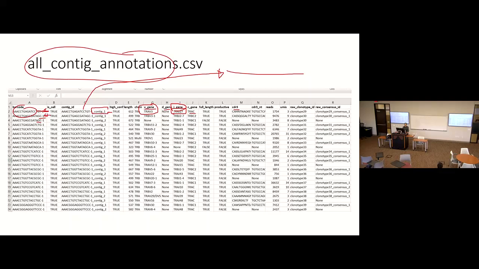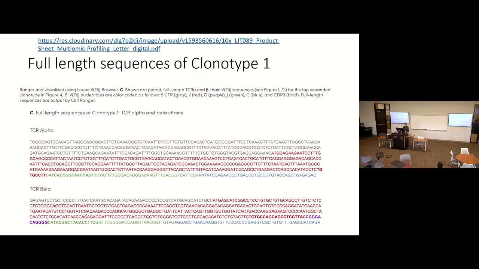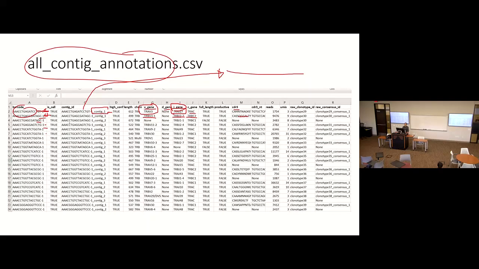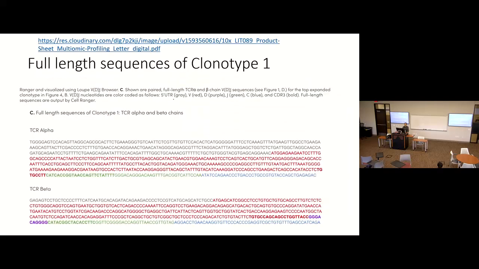And then you move to another T cell, you have different combinations of this. Then you just move on. So this is a place where you can look at this contig name and find its full sequence. So the clonotype, you can find the sequence of the alpha chain, the beta chain, and this sequence can tell you this will be alpha chain V3.